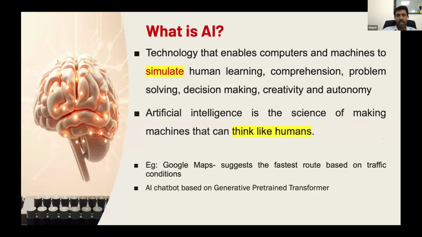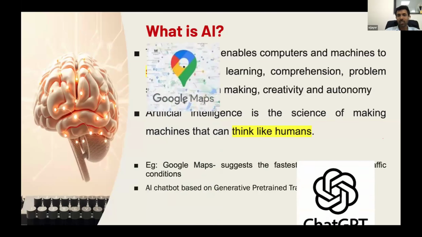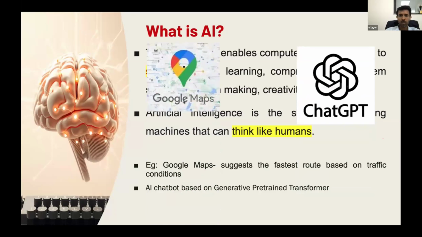Another example is the AI chatbot based on generative pre-trained transformer. When I say generative pre-trained transformer, you may wonder what it is. It is nothing but ChatGPT. The full name of ChatGPT is an AI chatbot based on generative pre-trained transformer, that is GPT. So we are using Google Maps, ChatGPT and many other AI-based software.